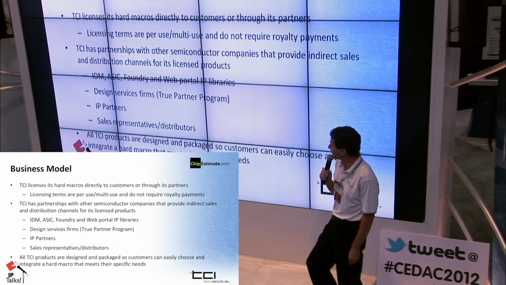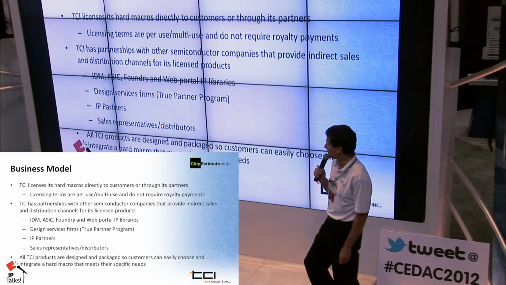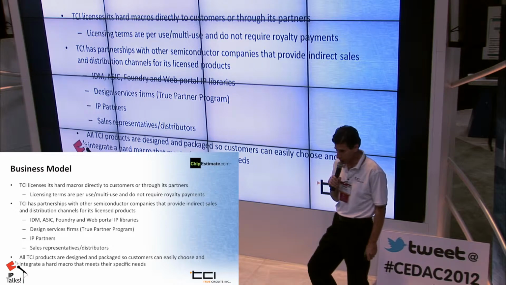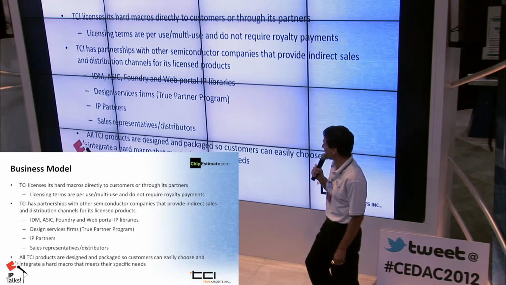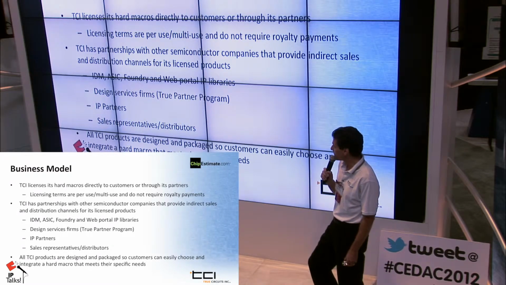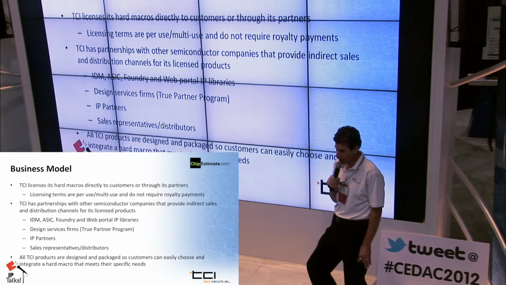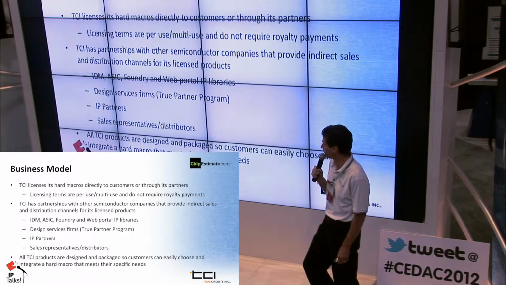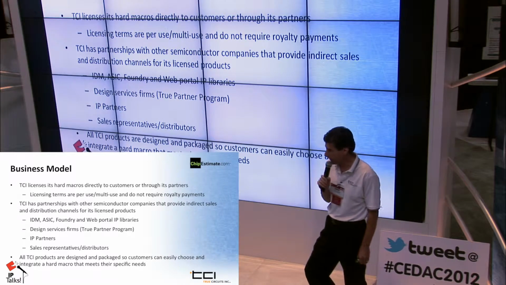So let me speak a bit about our business model. We try to keep it as simple and straightforward as possible. The license terms are all based on a per use or multi-use arrangement. So there are basically fees paid for a design, not per die royalties or anything like that. And we have a number of ways in which we distribute our IP.